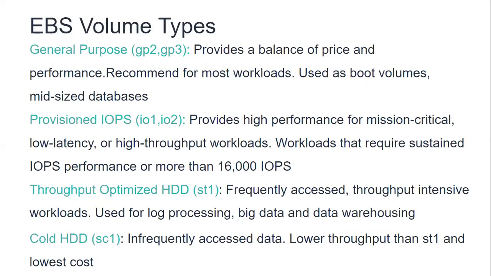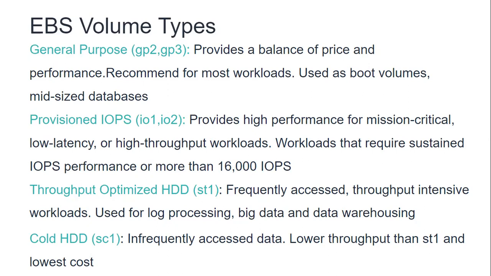So I spoke about types of EBS volumes. There are 4 types of EBS volumes. There were some other types too, but those are old generation types and they are no longer in use. So these are the 4 types that you can use.